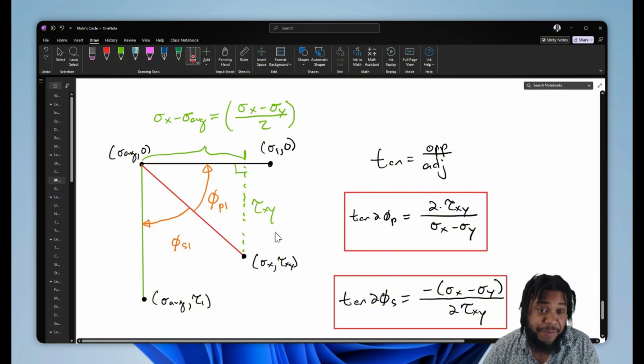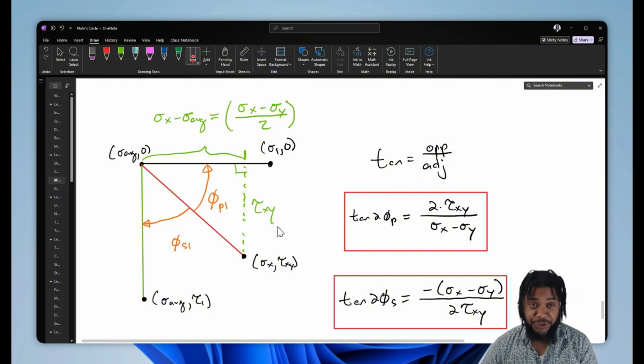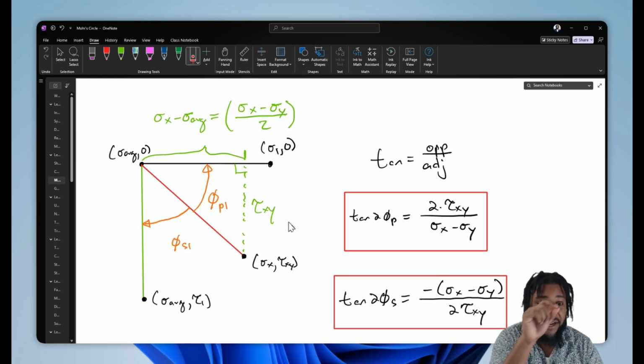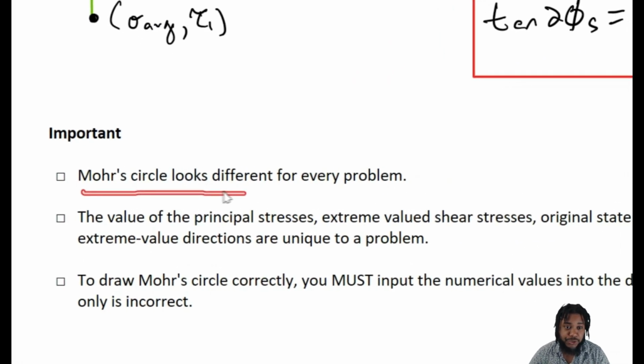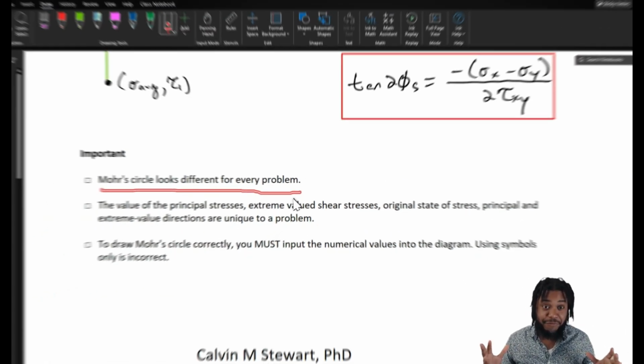That's pretty much how we make a Mohr circle, starting with the coordinate system and putting in each individual important point. The tricky part is finding our original state of stress, and then solving for the principal stress angles and extreme value shear stress angles. Some important things to note: Mohr's circle looks different for every problem.